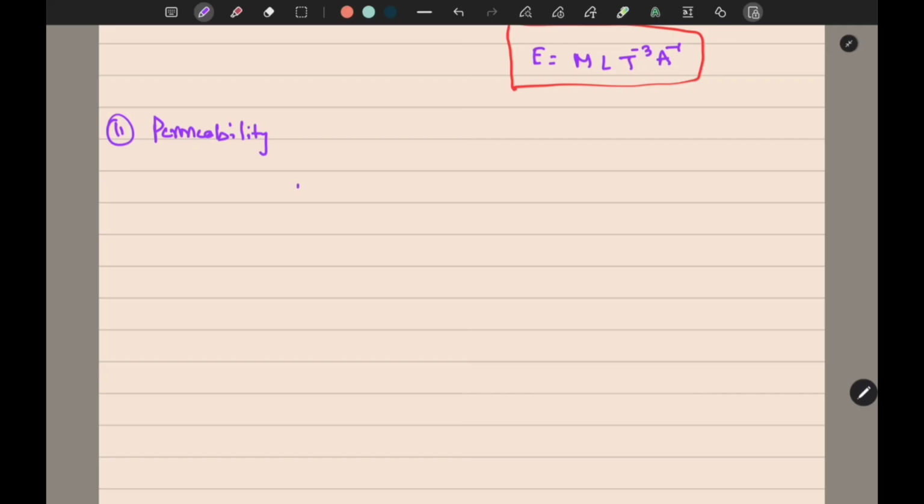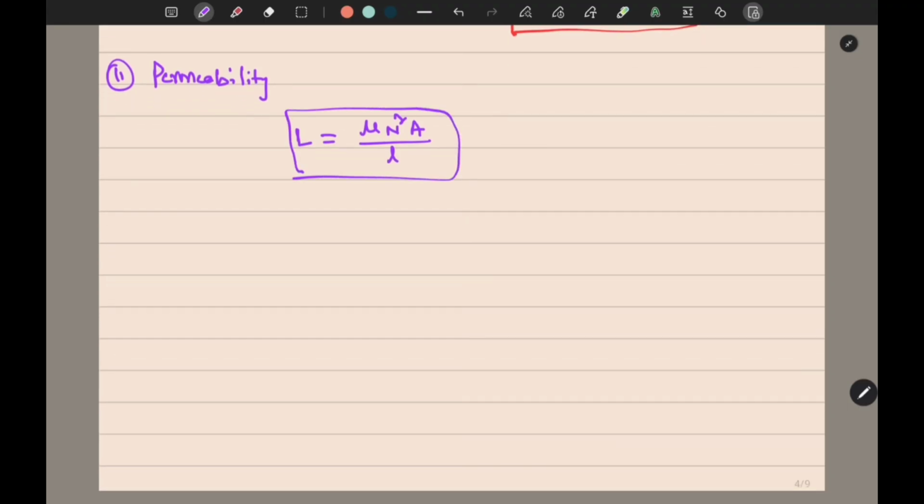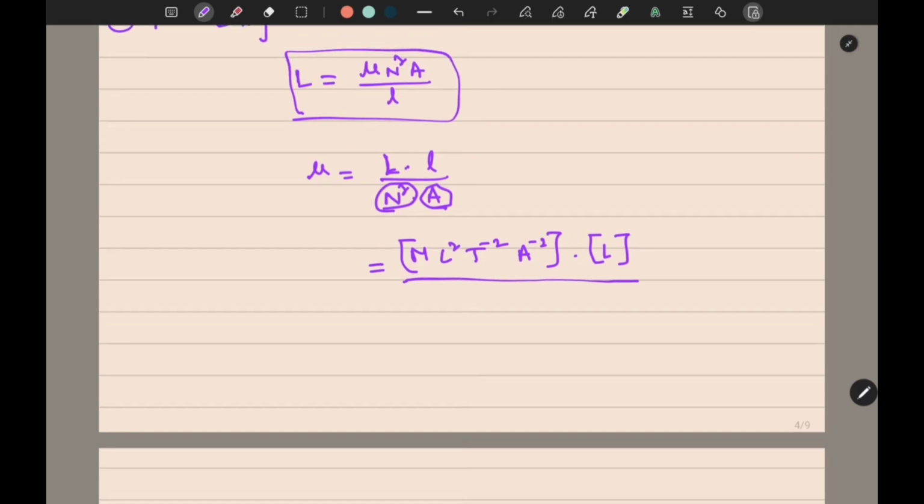We know that the inductance L is equal to mu n square A by L. So from this, permeability mu is equal to inductance L into length L by n square into A. We know the inductance dimensional formula is M L square T power minus 2 A power minus 2, into the length dimensional formula L, and for turns there is no dimensional formula, and this is the area.